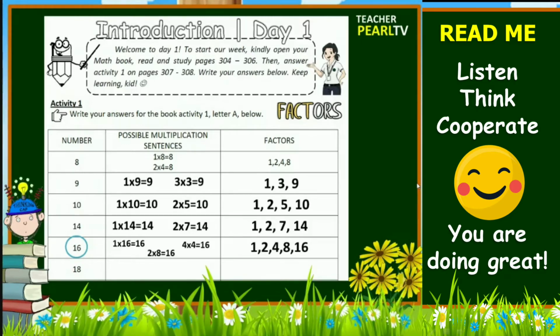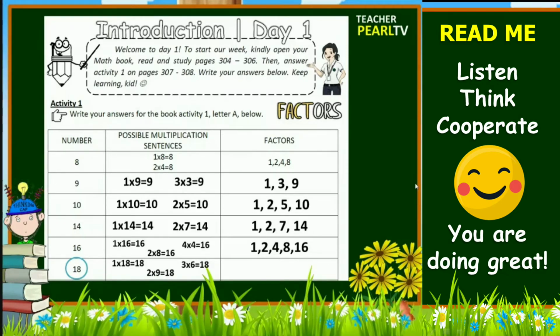Next, let's have the factors of 18. That is 1 times 18, correct? 2 times 9, and 3 times 6.